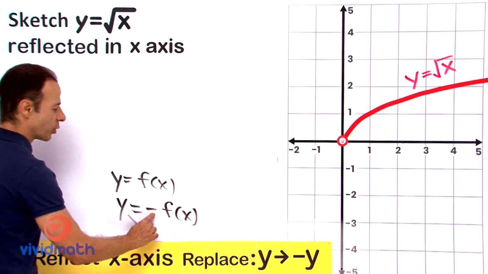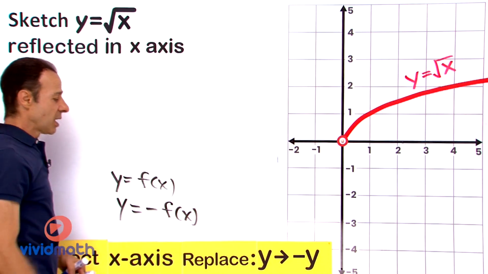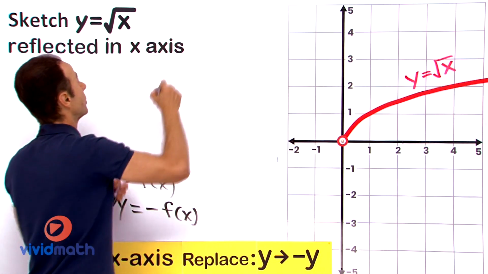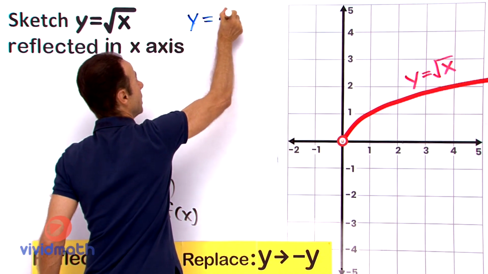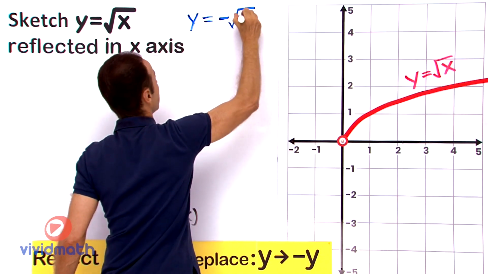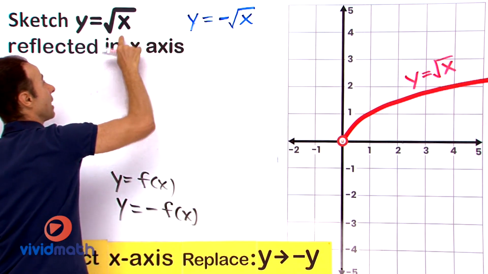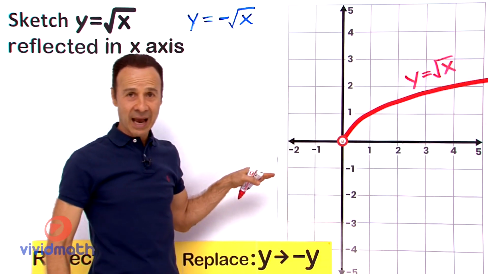In other words, we put a negative in front of the function. So if we're going to get the mirror image about the x-axis, then this is going to become y is equal to, put a negative in the front, the square root of x. So that is the mirror image of that, reflected about the x-axis.